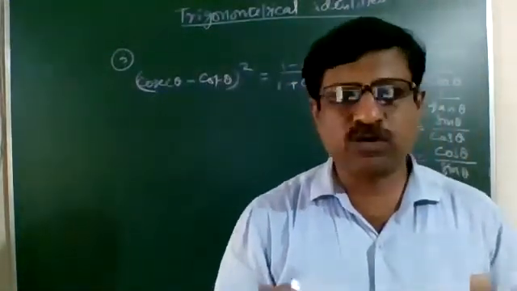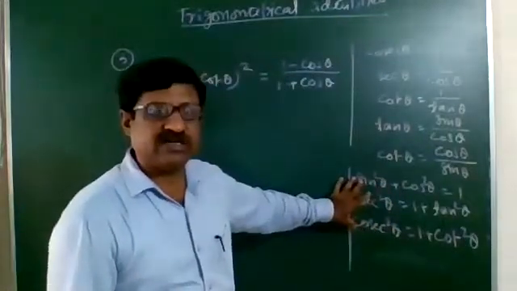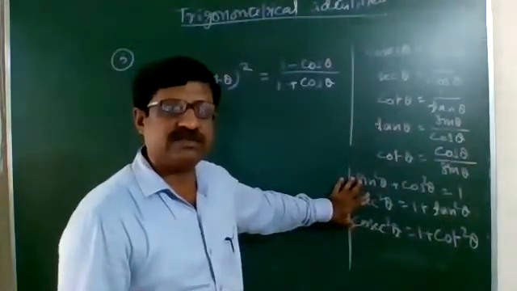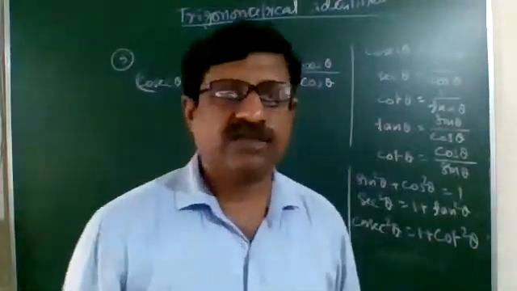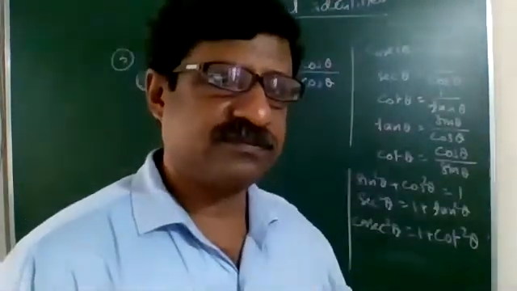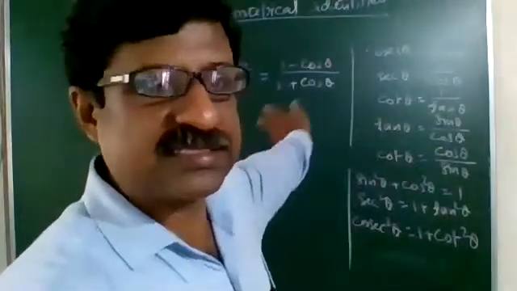We will try to prove it with the help of the identities and formulas we have learned. With the help of all these, we have to show that LHS and RHS are equal.